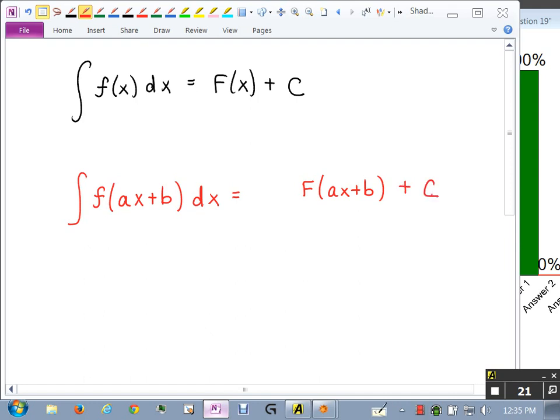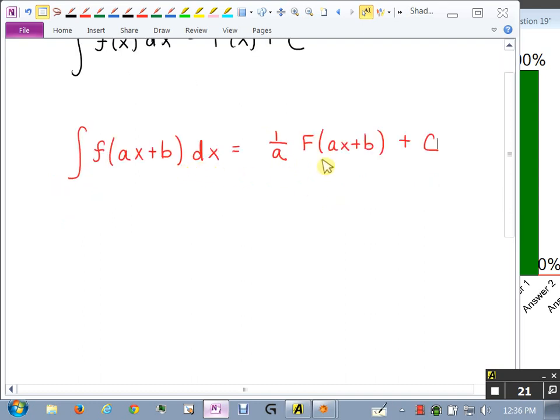But what happens if I take the derivative of this? You do the derivative of capital F, which is little f, but then with chain rule you have to take the derivative of what's inside. What's the derivative of what's inside? A, just A. So when you go backwards, you always have to come in with the 1 over A in order to kill the A that's going to come out.